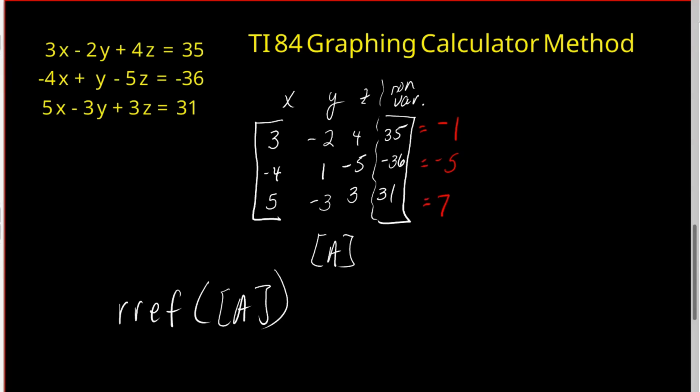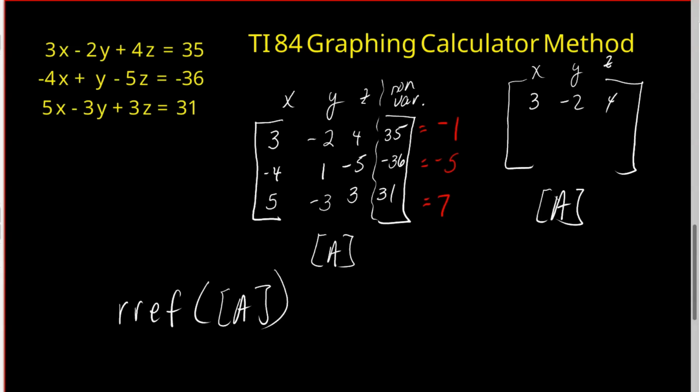That's pretty easy. What if your graphing calculator doesn't have reverse row echelon form, or your scientific calculator? We can modify this just a little bit and it'll work fine. For my matrix A here, let's make it a 3 by 3. It will contain just my x, my y, and my z. That'll be 3, -2, 4, -4, 1, -5, 5, -3, and 3.